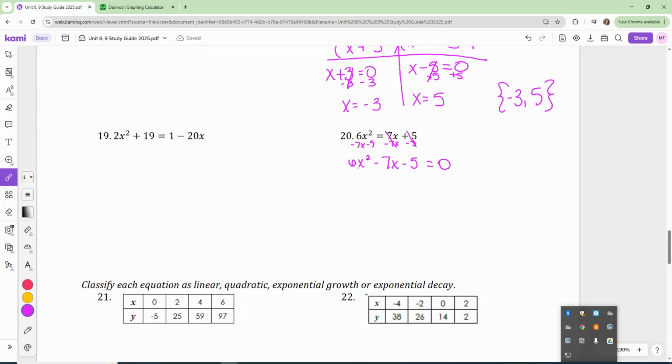So this is when we did slip and slide. So we multiply the 6 down. Now I need two numbers that multiply to negative 30 and add to negative 7. What would that be? Negative 10.